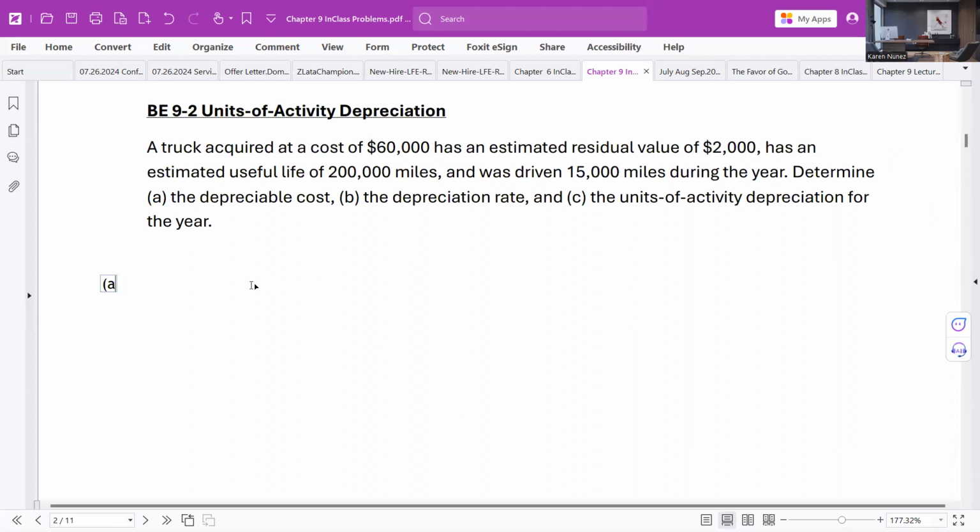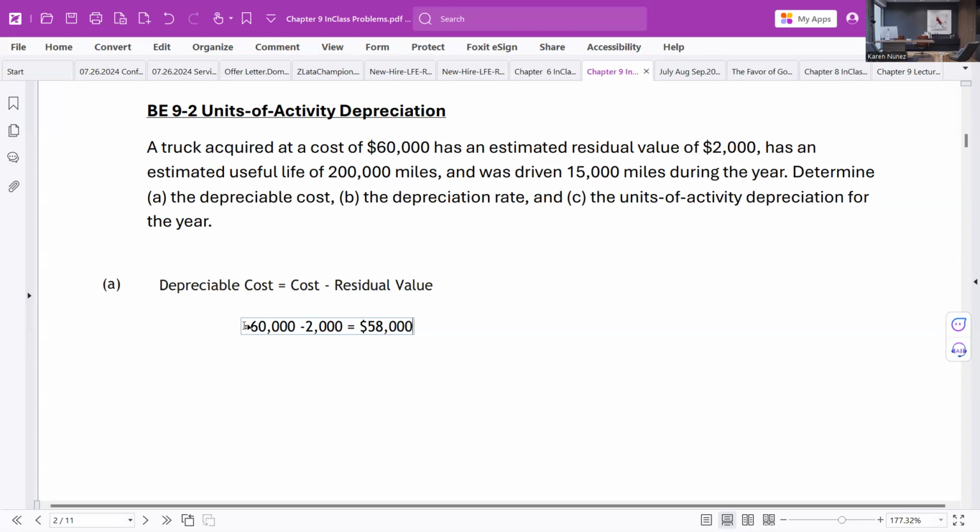The depreciable cost in Part A is cost minus residual value. We have a truck that cost $60,000 to acquire, and it has a residual value of $2,000. So our depreciable cost is exactly $58,000.